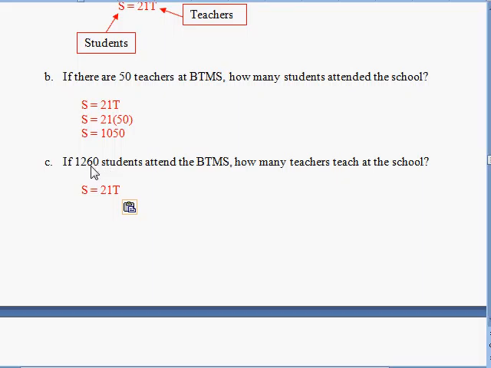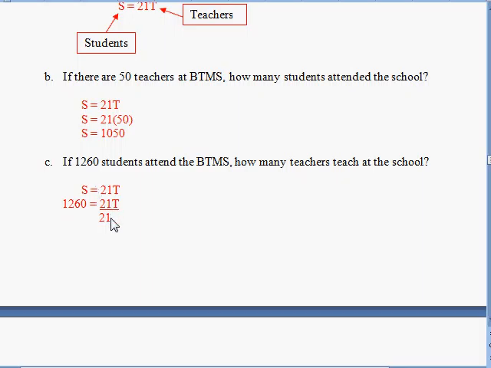There's that many students. So instead of S, we're going to put 1260 into S. So now we just got to figure out what T is. So we want to get T by itself. Right now T is being multiplied by 21, so we have to do the opposite and divide by 21.